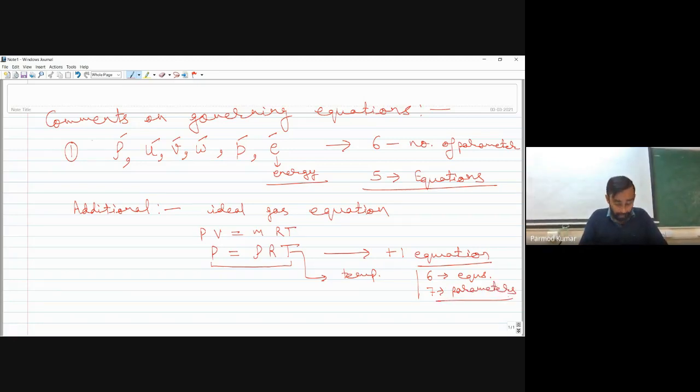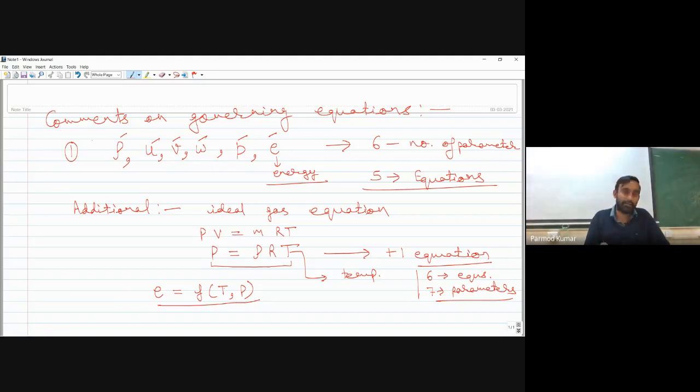Now what to do? If we go a little into the concepts of basic thermodynamics, we know that thermodynamically I can express energy as a function of temperature and pressure.